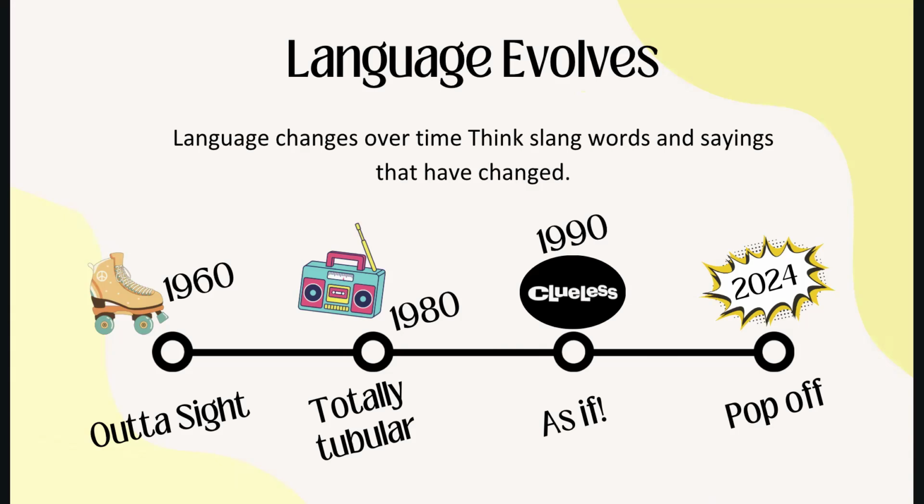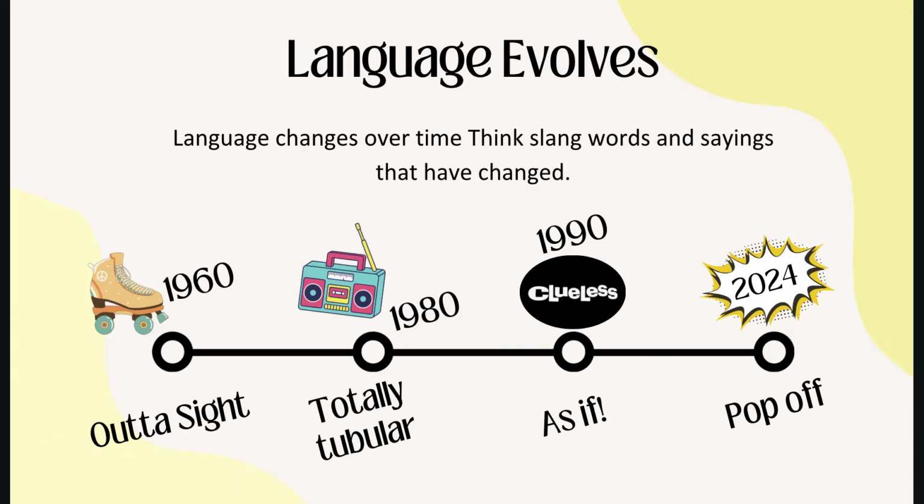So we have a timeline on this slide starting in the 1960s, terms or phrases like out of sight, and then to the 80s, tubular, totally tubular, in the 90s, as if, and then in 2024, another thing that we use is pop off. So we don't see individuals really using out of sight anymore.